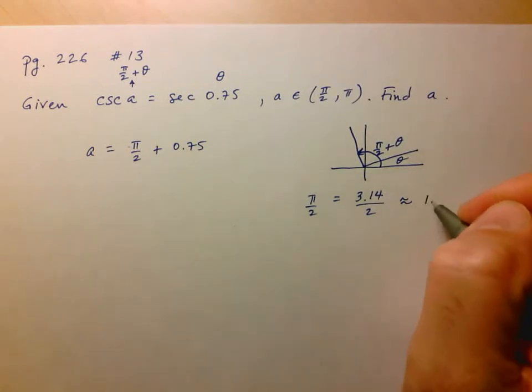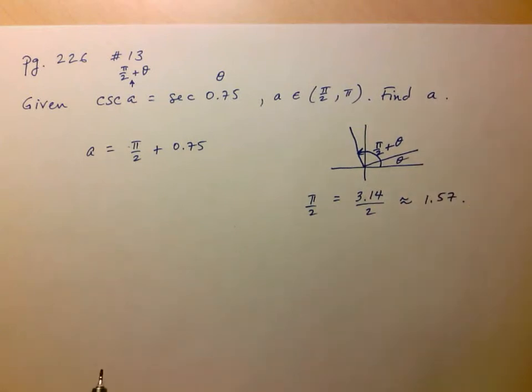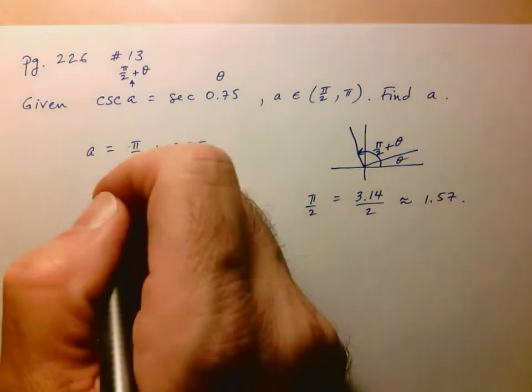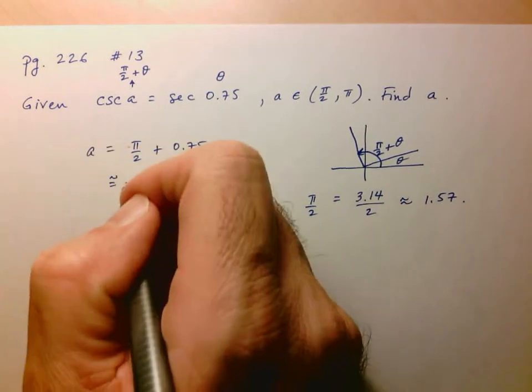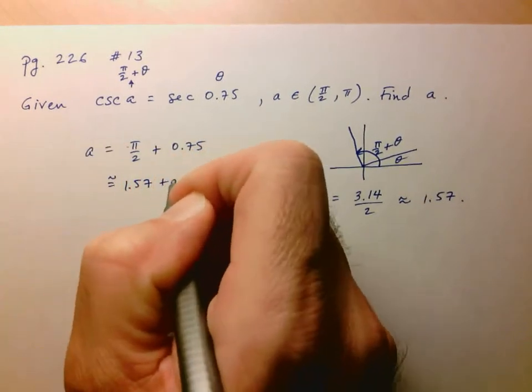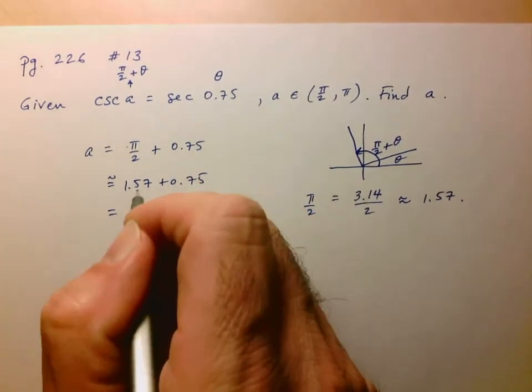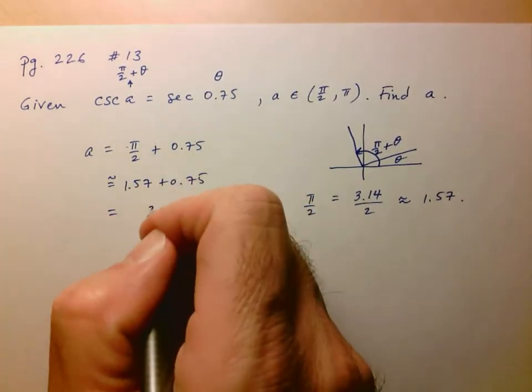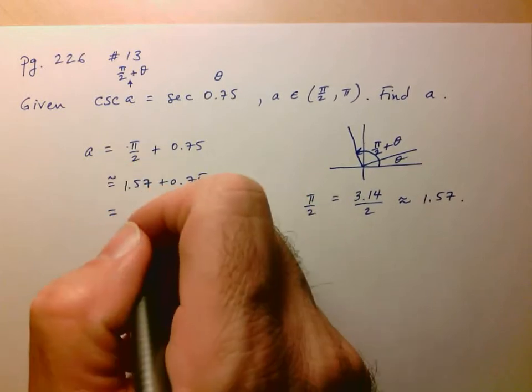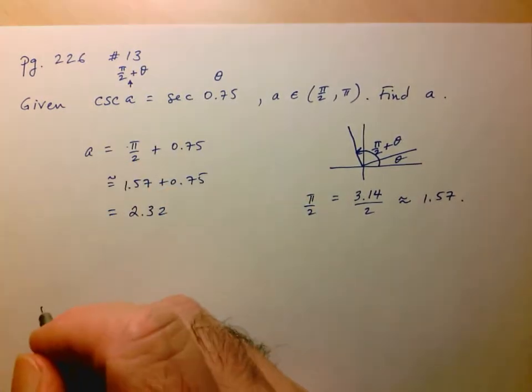So this is about equal to 1.57. Okay, and so now A is approximately equal to 1.57 plus 0.75, so just add those up. 5 and 7 is 12, 5 and 7 is 12, plus 1 is 13, and 1 plus 0 plus another 1 is equal to 2.32.